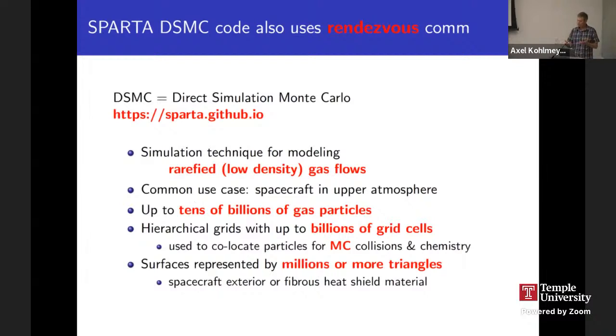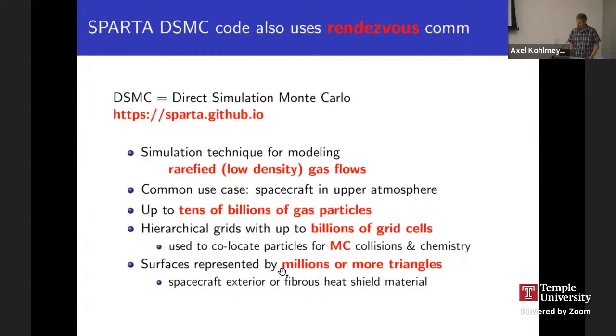Hierarchical grids are used, which I'll illustrate in a moment, with up to billions of grid cells. And the purpose of the grid cells is each time step you want to co-locate particles that are close to each other and be able to do Monte Carlo collisions and chemistry between pairs of those particles chosen randomly.